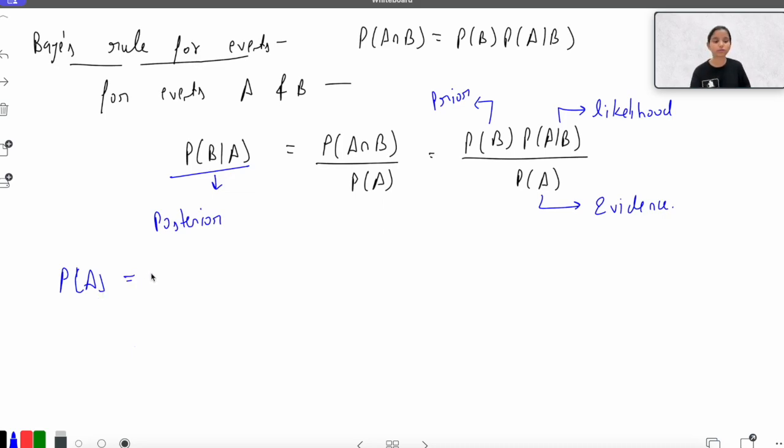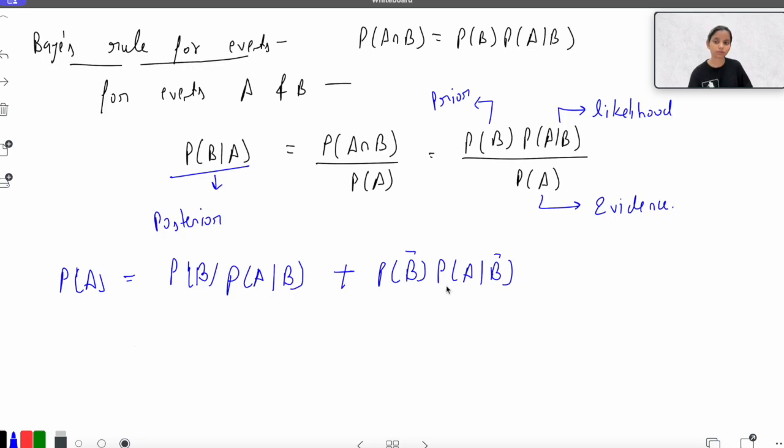By the law of total probability, we can say the probability of A is probability of B into probability of A given B, plus probability of B bar into probability of A given B bar. This is by the law of total probability.